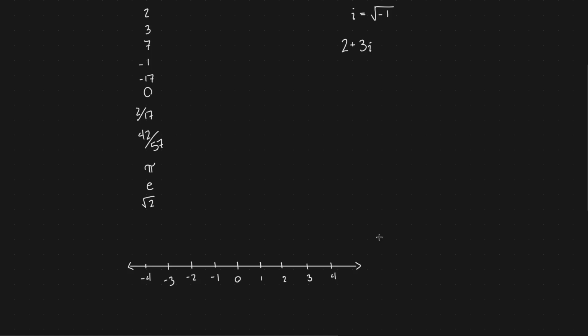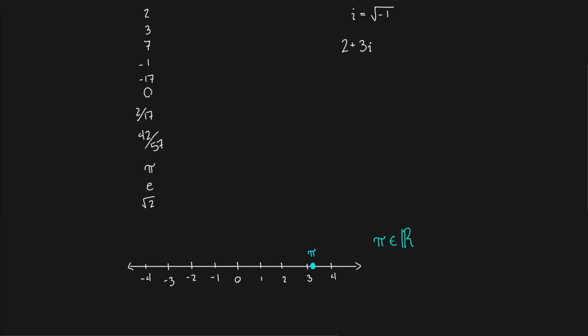Okay, so a number like pi, which is in the set of all real numbers, this symbol here, it's a Greek letter epsilon, and it means that this is in this set, this collection of stuff, okay? So pi is one element in the set of real numbers, so we could represent it on the number line. We know pi is about 3.14, so that would be right about here, okay? There's pi.